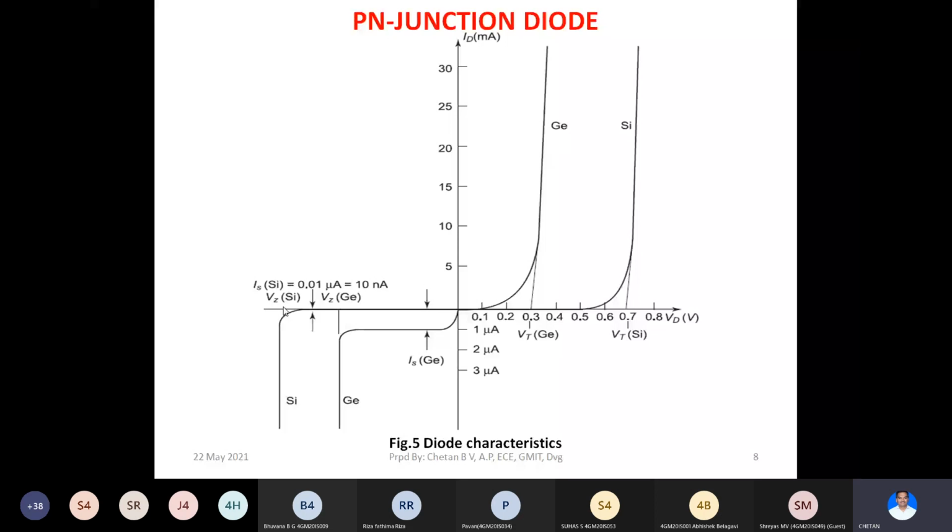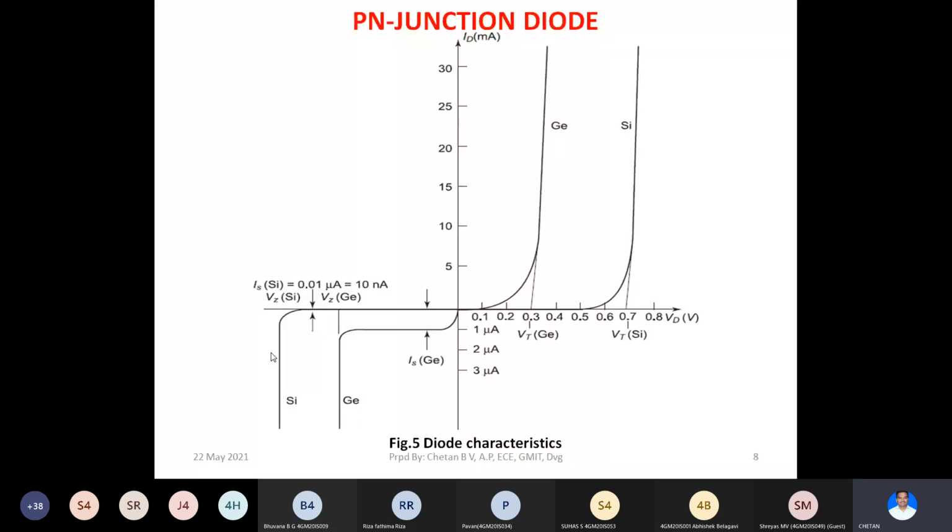And it is very important to note that if you keep the diode operating in this reverse breakdown region for a longer time, or if a sufficiently high amount of current flows, there can be permanent damage to the diode. To avoid this permanent damage, it is always advisable to have a resistor to limit the current. And if you increase the value of resistance, the reverse current may come down.